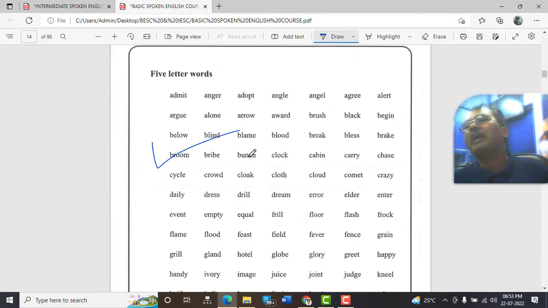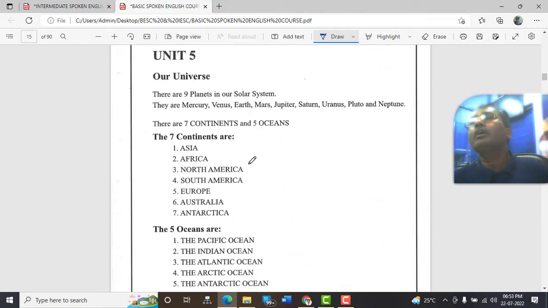Next we go to five-letter words. Next, some of the things which are very important while you are discussing. What might we think, our universe I have already studied in my school days, why should I know it now? For some of us who regularly keep communicating, some of the basic general knowledge things should not be forgotten.